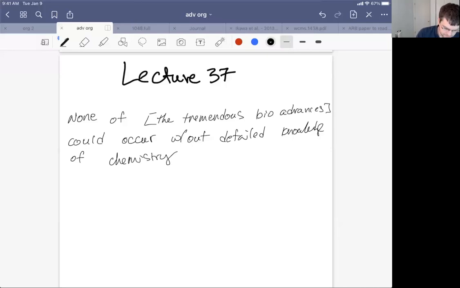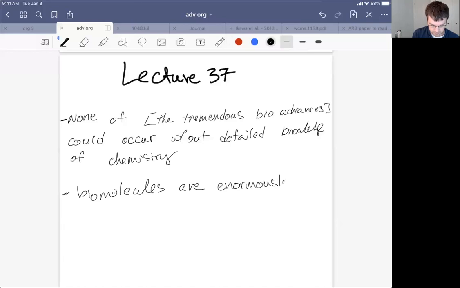Okay. Additionally, they made a point that biomolecules are enormously complex, but they're still just molecules.